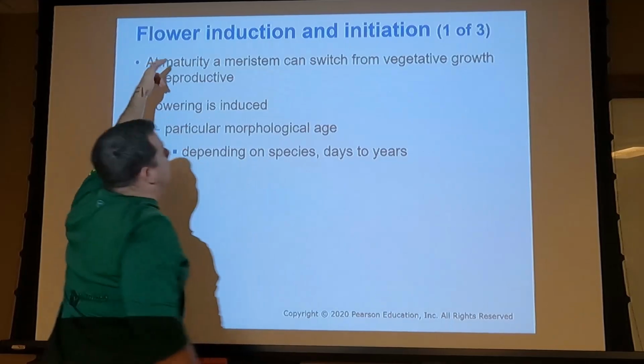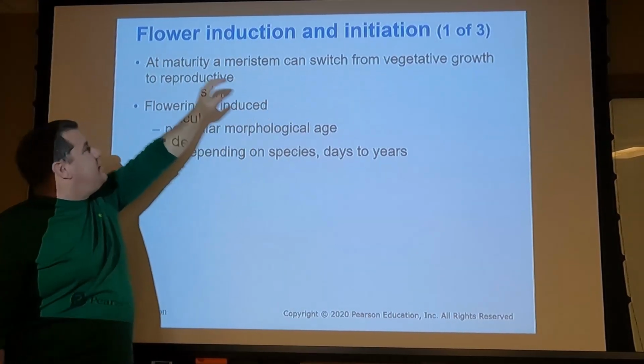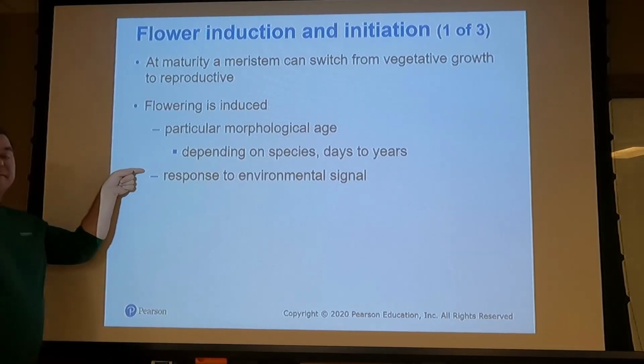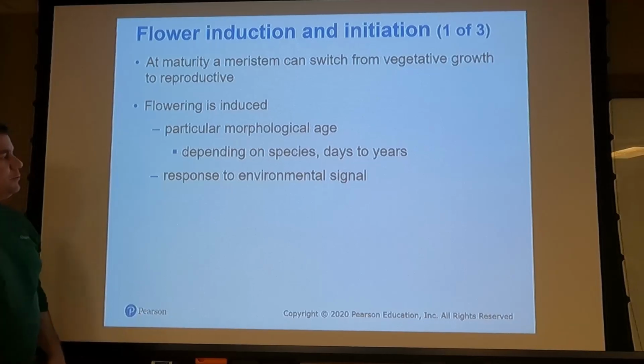So as I mentioned before, in the meristematic tissue, there's going to be a change from vegetative to reproductive, and that is when flowering is induced. Typically at some morphological age, and that difference is dependent on species, from days to years. It's the environment that signals this flower induction.